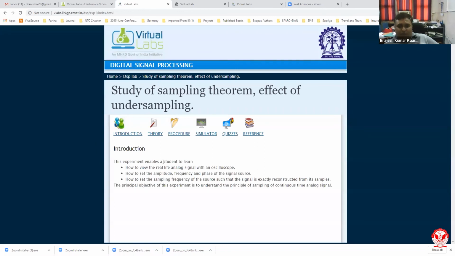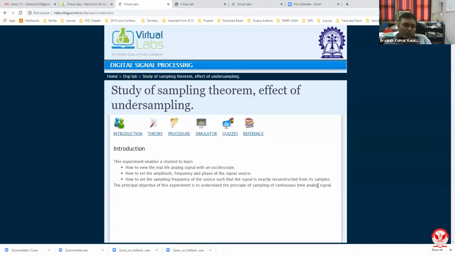This experiment enables the student to learn how to view a real life analog signal with an oscilloscope. While sitting at home without making too much effort, you can see how this analog signal can be seen on an oscilloscope, then how to set the amplitude, frequency and phase of a signal source, then how to set the sampling frequency of the source such that the signal is exactly reconstructed from its samples.